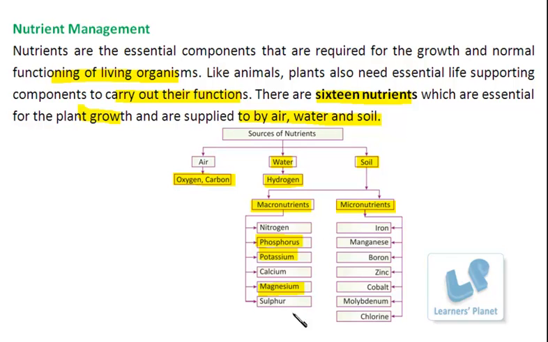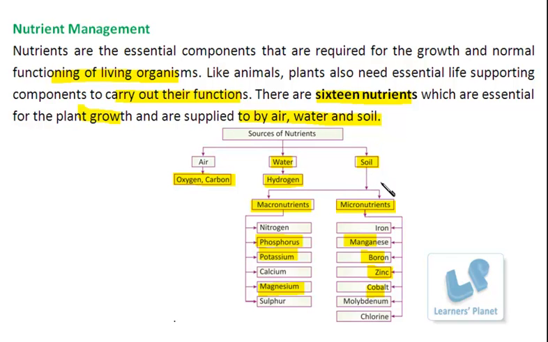These 6 macronutrients are provided by the soil. Now come the micronutrients, which are again supplied by the soil in less concentration: iron, manganese, boron, zinc, cobalt, molybdenum, and chlorine. So these 13 nutrients are supplied by the soil.